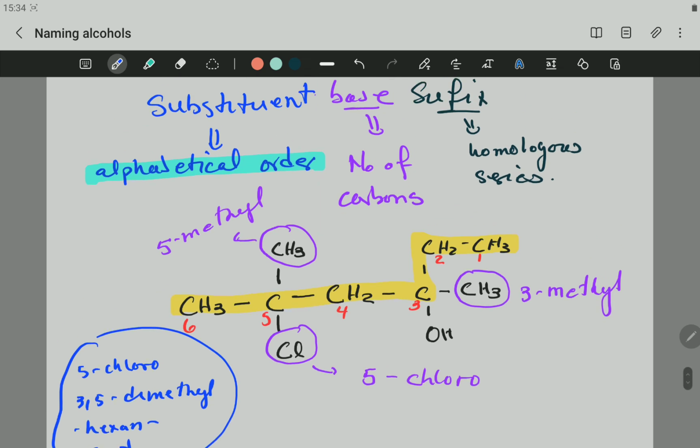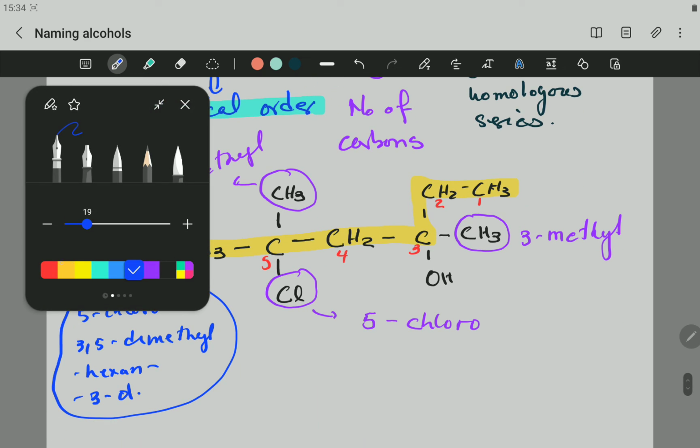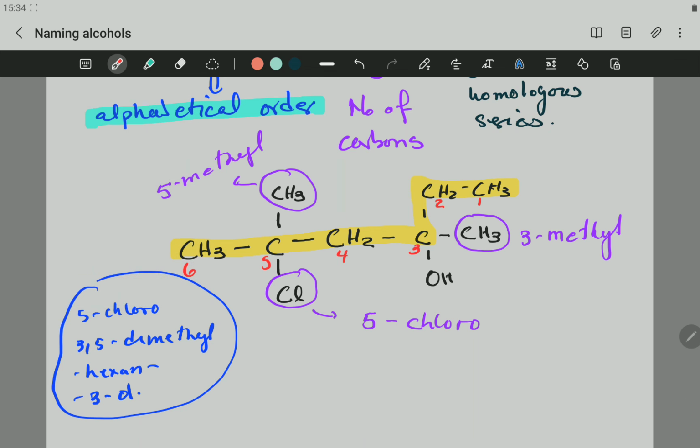So what is coming first? Substituents in alphabetical order. If you go to alphabetical order, you can see that chloro, C, is before M. The D doesn't count. Only the M for methyl and the C for chloro. So first is chloro. So the name will be 5-chloro.